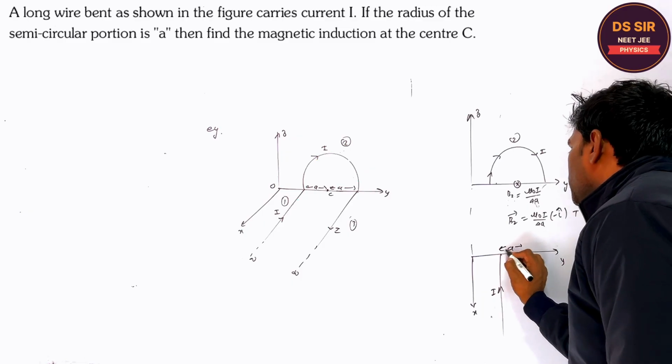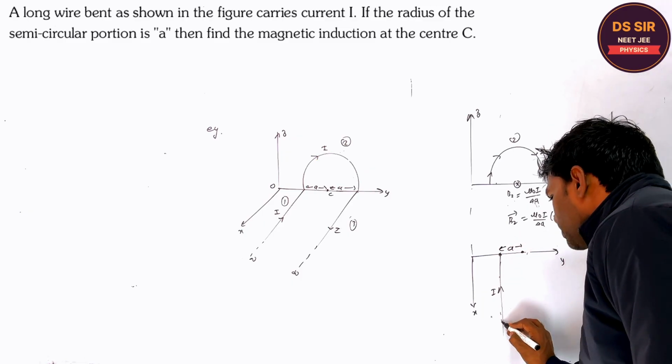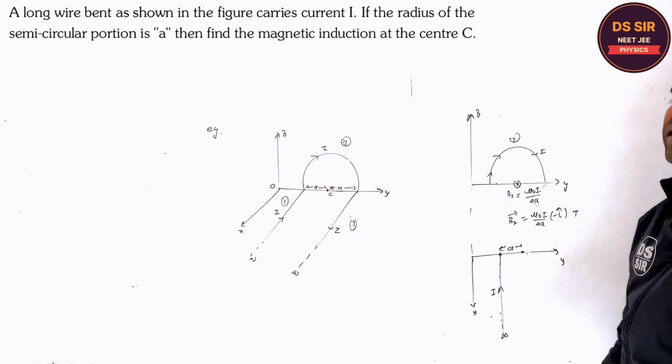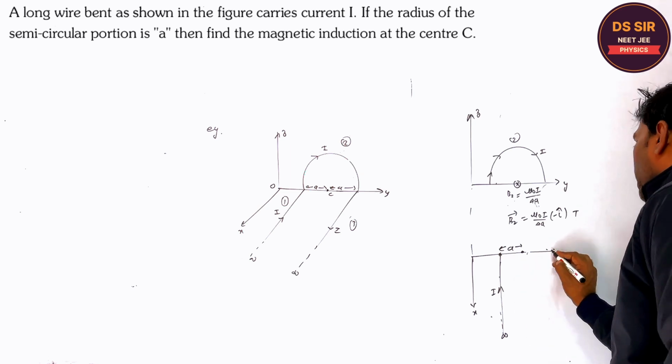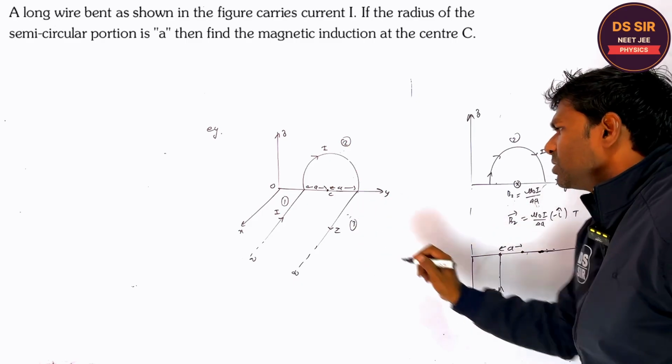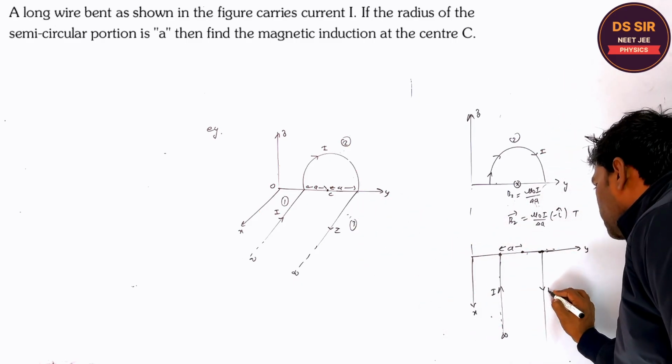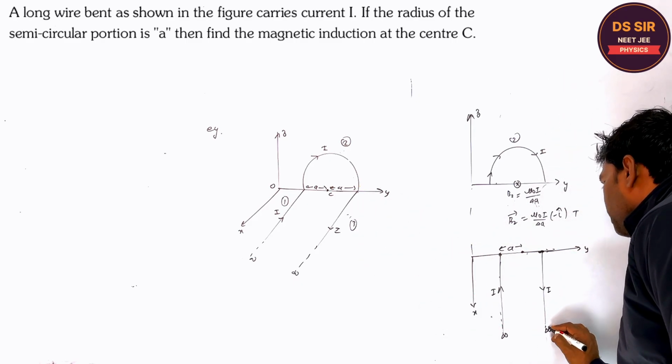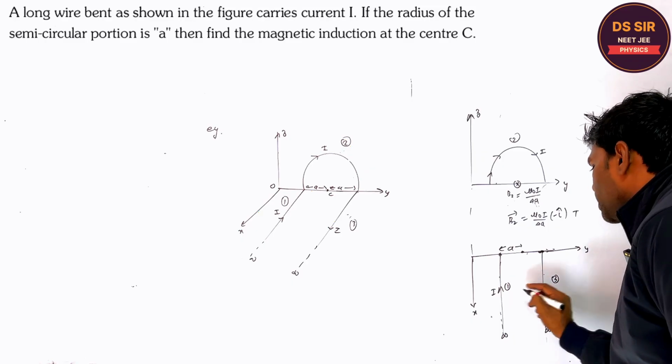What is this distance? Say A. So this is a semi-infinite wire. Are you getting or not? And the other wire, this is the third wire. The current is in this direction, right? This is also a semi-infinite wire.